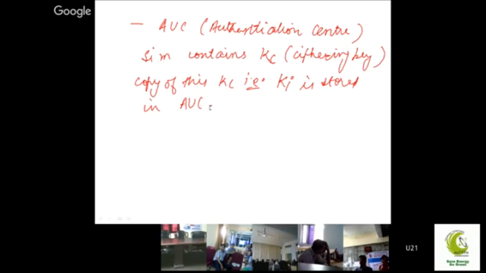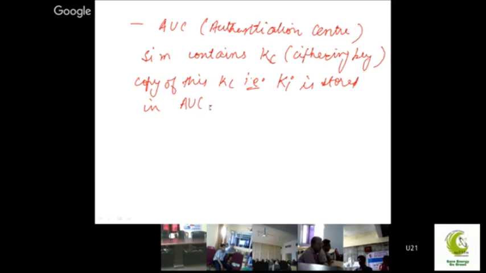Now, whenever a user wants to establish a voice call or video call or use data, this copy of KC will generate a random number, and that KI will also generate a random number.